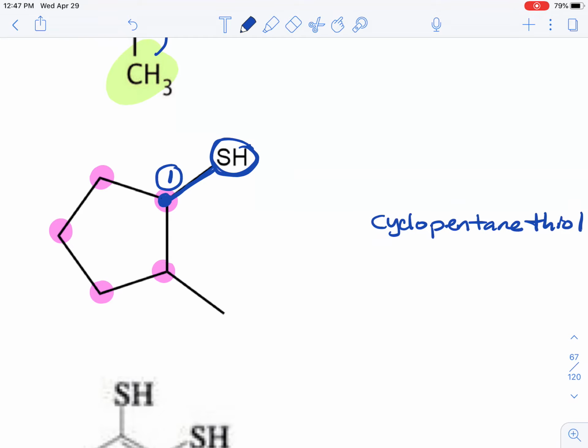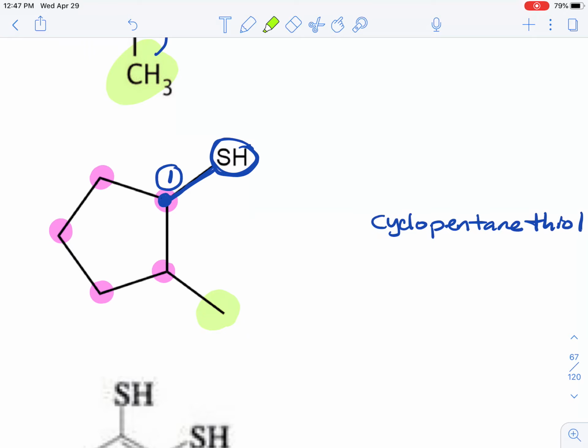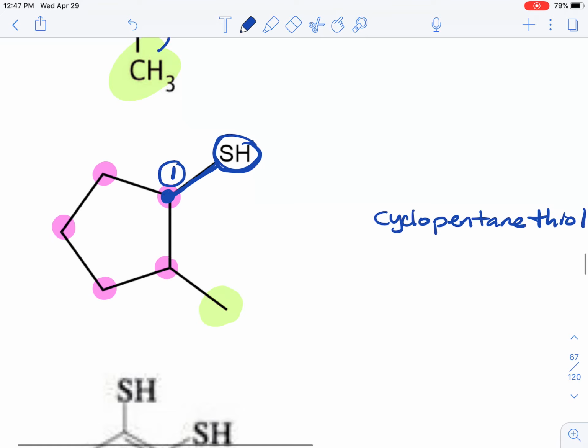The only thing left to do is to describe the other substituent. We want to number our ring such that the next substituent has the next lowest possible carbon number. If I number it counterclockwise, I would get 1, 2, 3, 4, 5.